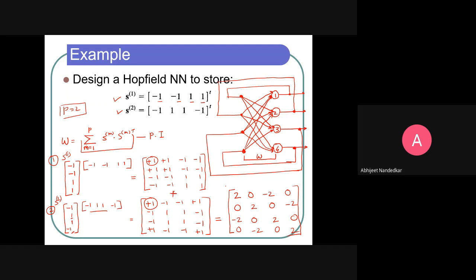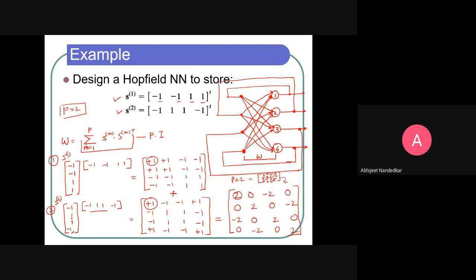Now we have to subtract P into I from this. So here P is equal to 2, so we have to subtract a matrix that is 2, 2, 2, 2, 4 times on the diagonal, and all others 0. Like this. So if you subtract, what will happen?